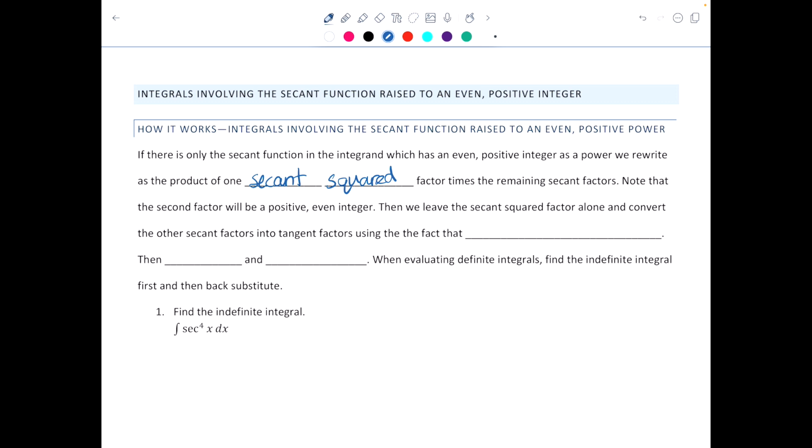Then we leave the secant squared factor alone and convert the other secant factors into tangent factors using the fact that secant squared at some angle A is equal to 1 plus tangent squared at that angle A. Then we expand and integrate.